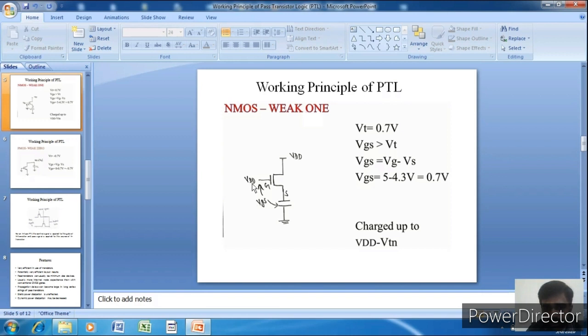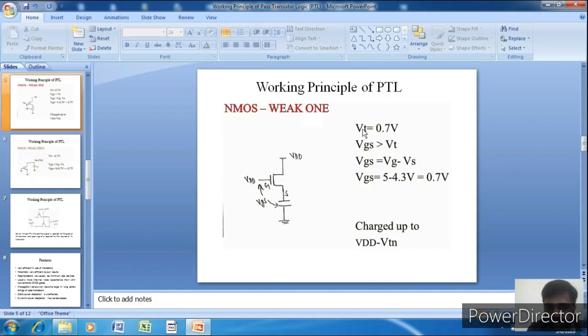So VDD is connected to the gate terminal of the NMOS transistor, and at the source terminal a capacitor is connected. The voltage across the gate and source terminals is represented as VGS, the gate to source voltage.